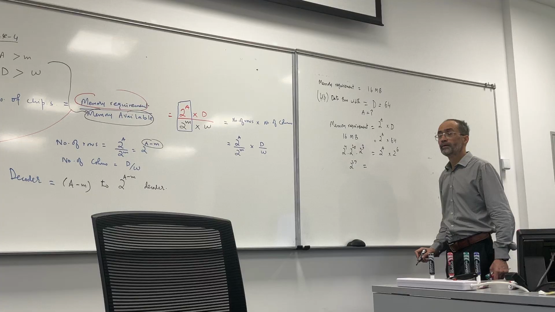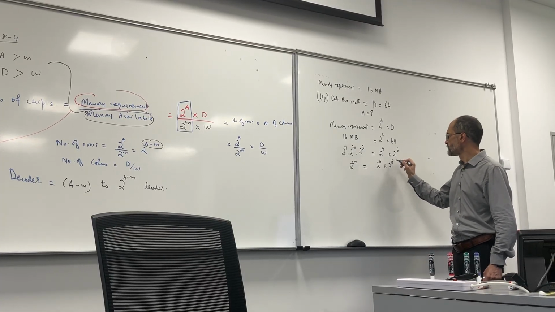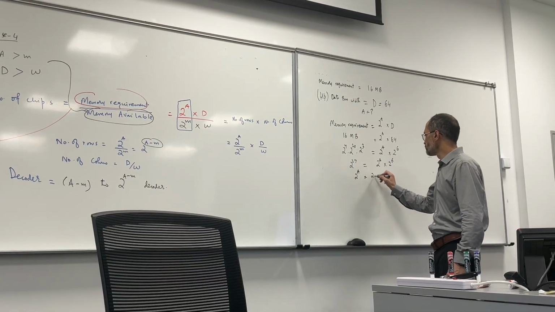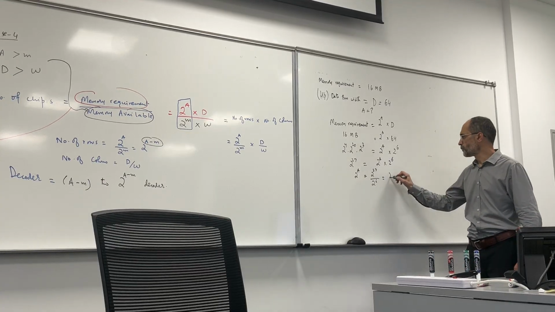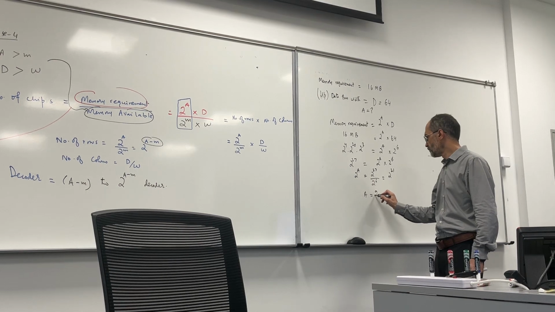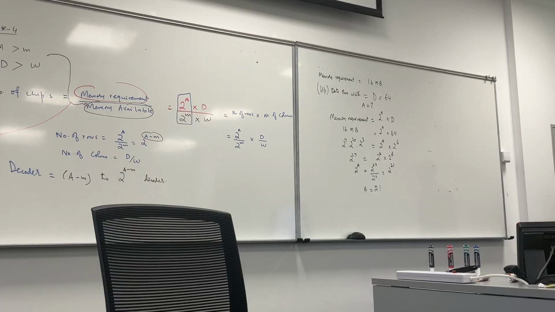So 2 is for A cross 2 is for 6, 6 will go down. So 2 is for A is equal to 2 is for 27 divided by 2 is for 6, which is 2 is for 21. What is A now? Any question? Okay, now A is 21.